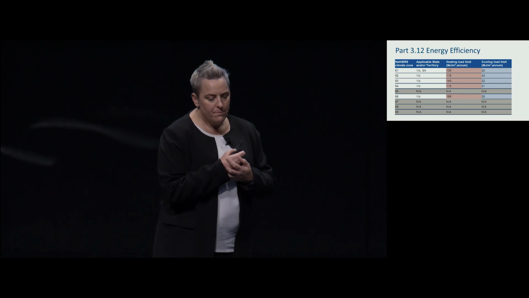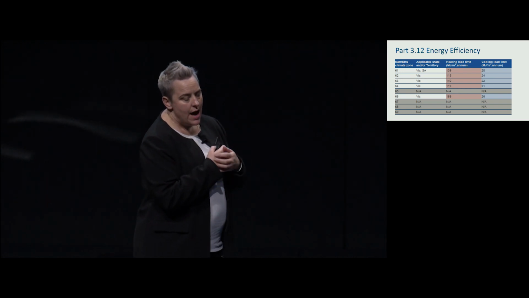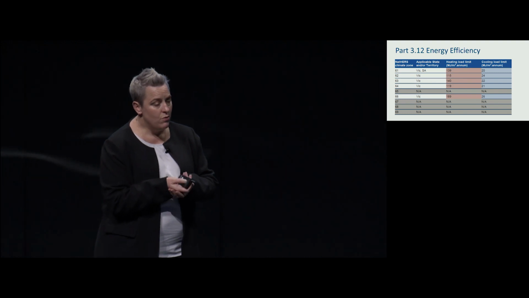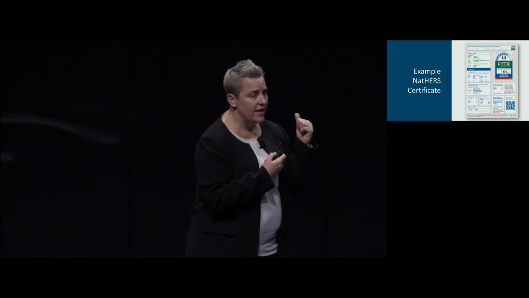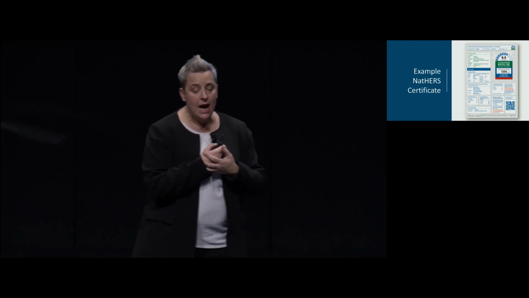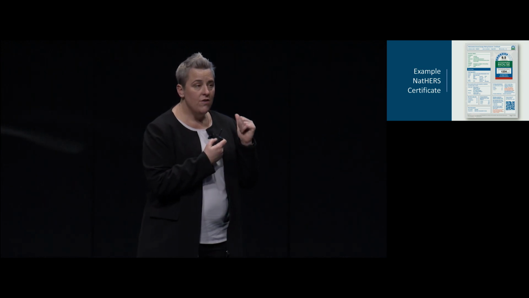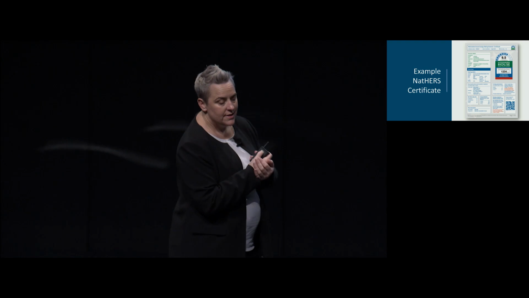So that's one to keep in mind, and one that you'll need to use. Also, as Matt pointed out, the certificates have always been producing the heating and cooling limits. They're on the certificate, so it'll just be a matter of the building surveyor checking those against the standard to make sure that you're within those requirements.